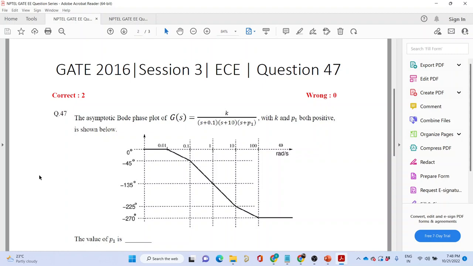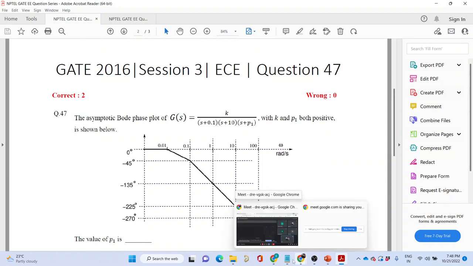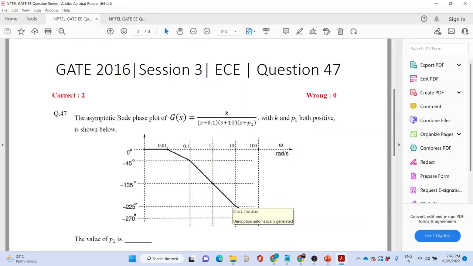How would it look like? Any idea? I'm trying to figure out. Okay.